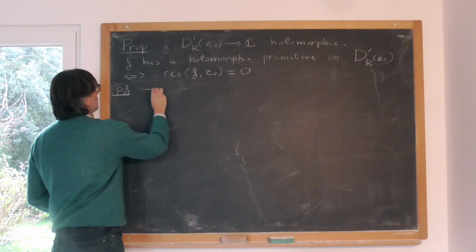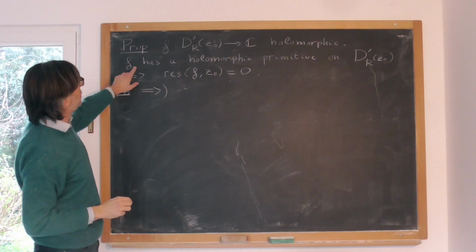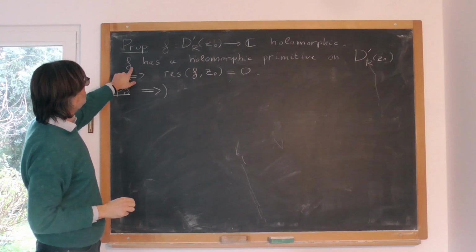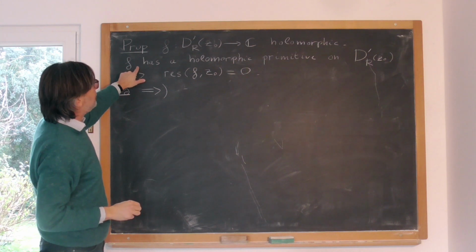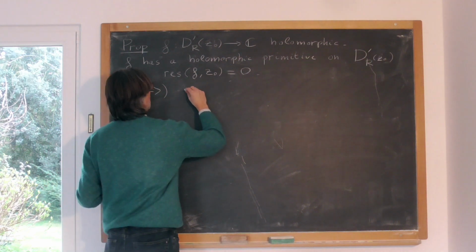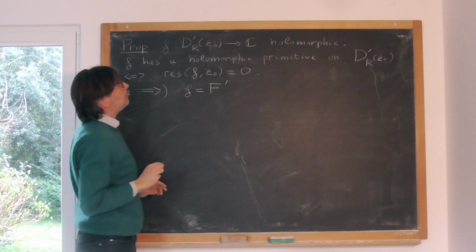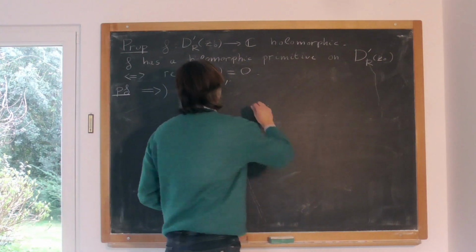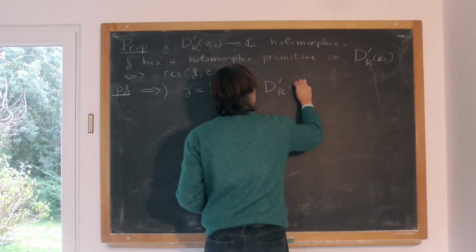Let's deal first with this direction. So let's assume that f has a holomorphic primitive. Then let's assume that f is the derivative of big F on this punctured disk.